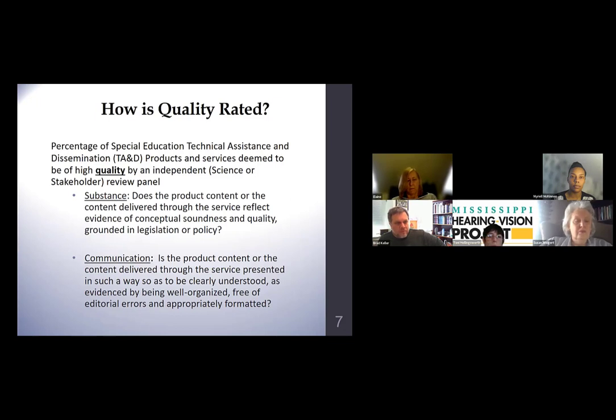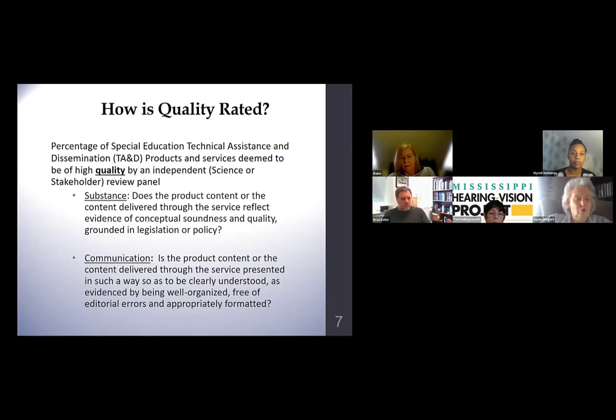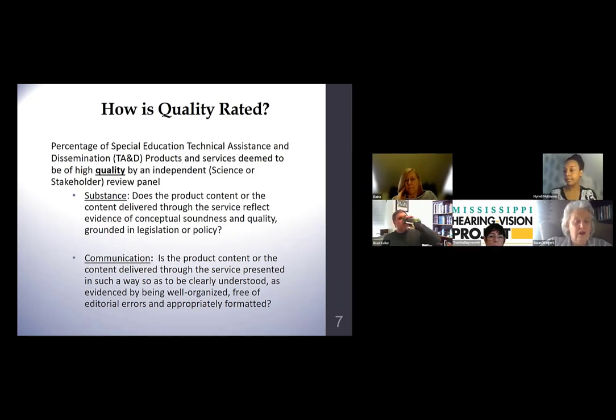So an independent panel of reviewers will judge the quality of a product or service by scoring each of these two dimensions, substance and communication, on a 4-point scale, ranging from 0, which is very low, to 1, which is moderately low, through 2, moderately high, to 3, very high.